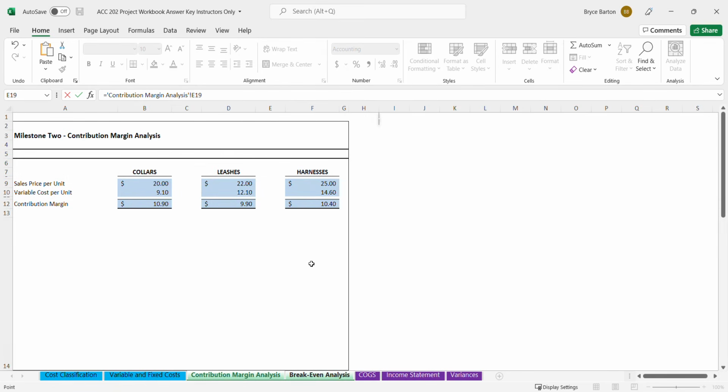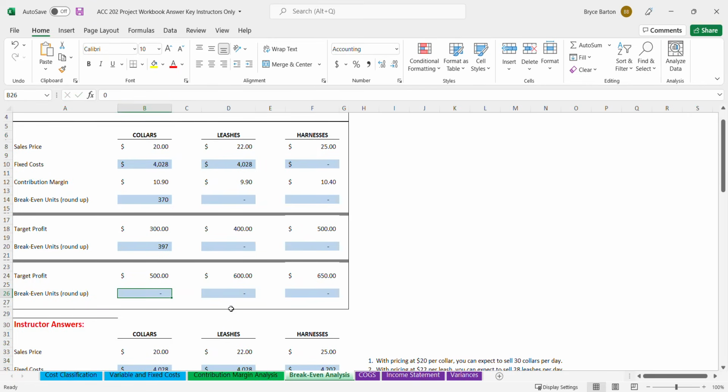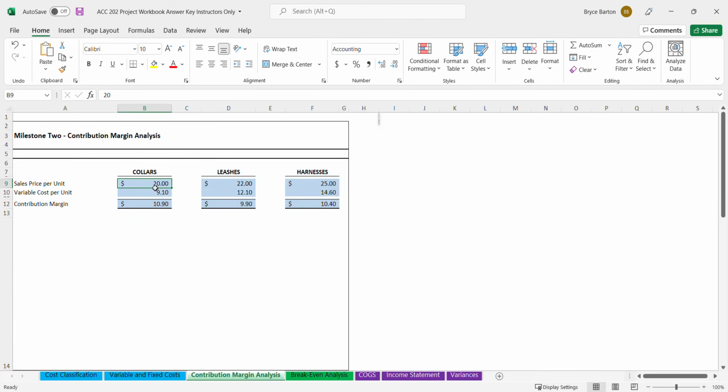If we look at this, I've already started to fill in some of it. In the Word document, it gives you the market research data appendix. That gives you 3 price points for collars, for leashes, and for harnesses.